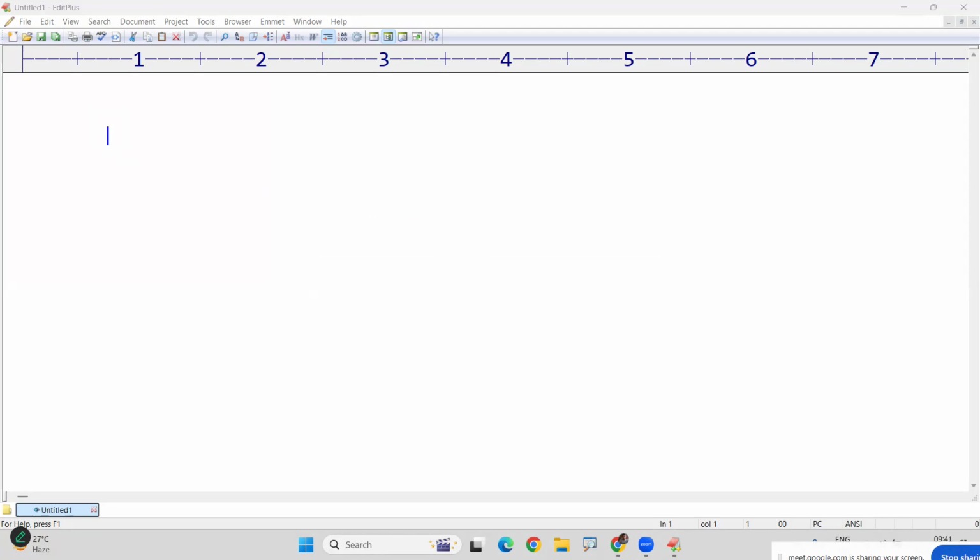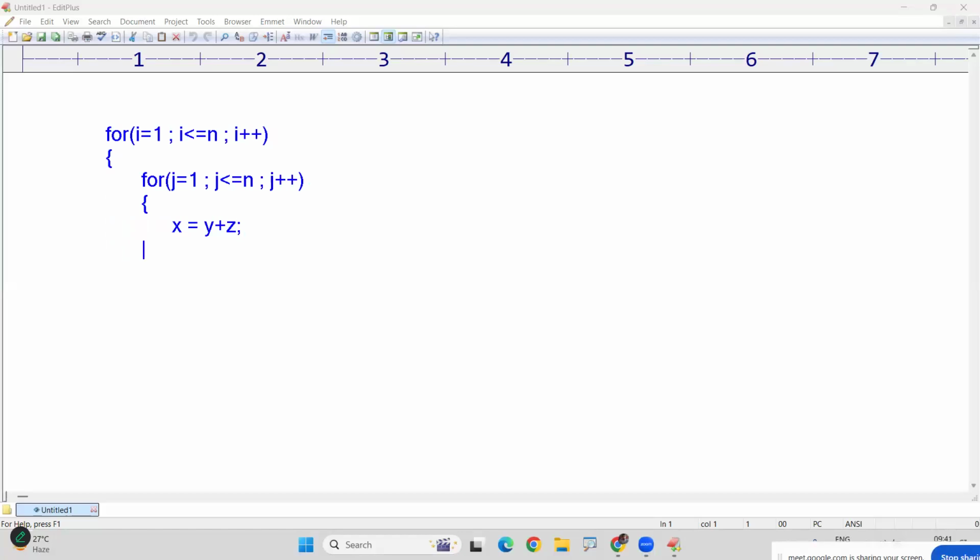The outer loop is repeating n times, and the inner loop is also repeating n times: j equals 1, j less than or equal to n, j plus plus. Inside, some statement is executing.